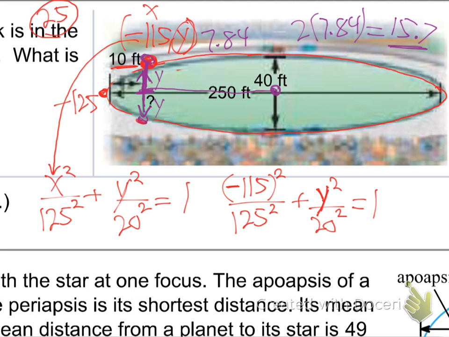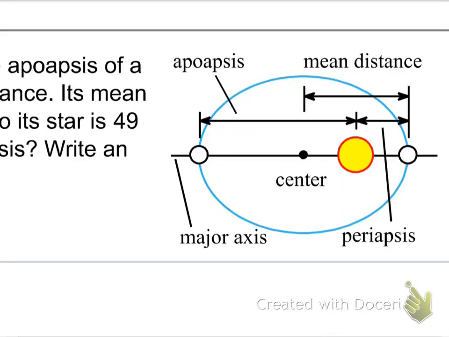Do you want to glance at the planetary problem for a minute? 6. So here's the center. They want me to find the periapsis thing. Right? So they want this. That's the focus point, right? And so basically I've got an oval.